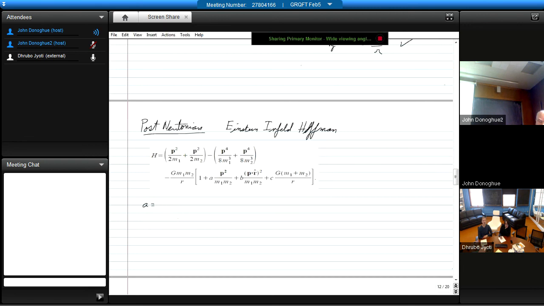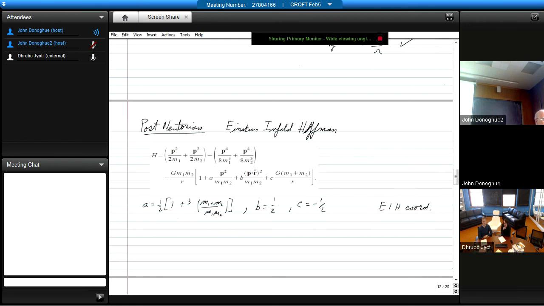In the usual coordinates that Einstein-Infeld-Hoffmann did this in, you would find that A is 1/2 times (1 plus 3 (m1 plus m2) over m1 m2), B is 1/2, and C is -1/2. These are a particular set of coordinates.